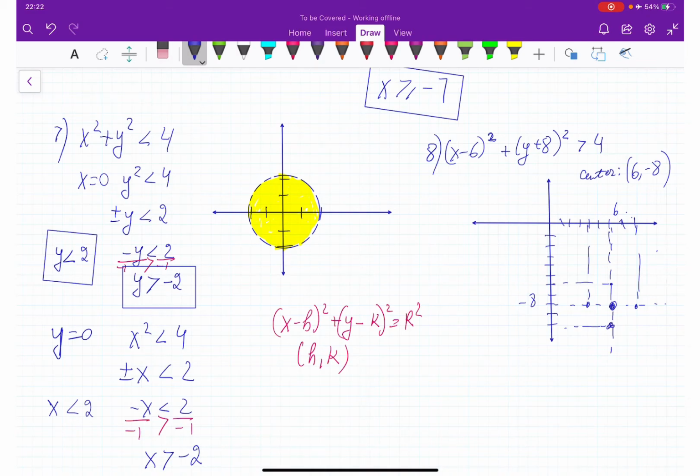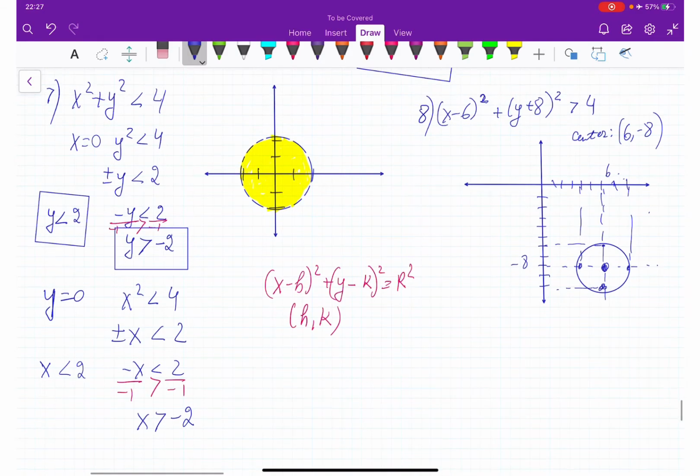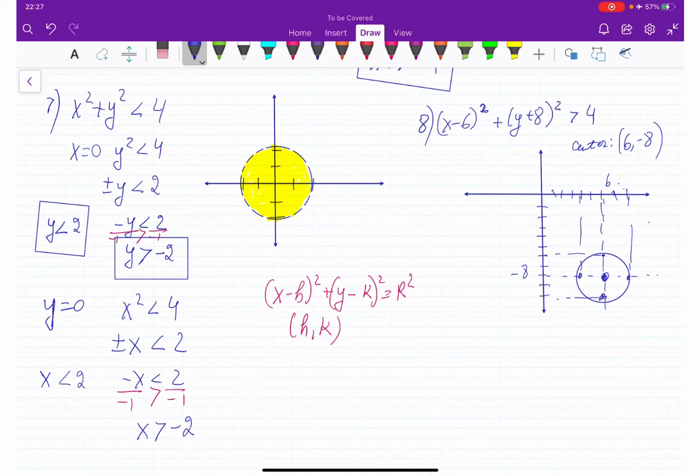And it's going to be dashes. Okay, we'll take care of dashes after I draw the circle. Well, not precisely, but close. Let me see if I can get it changed. No, I can't. The radius is 2. So now let's figure out how we're going to shade it.